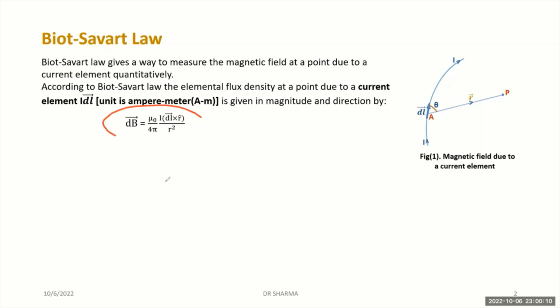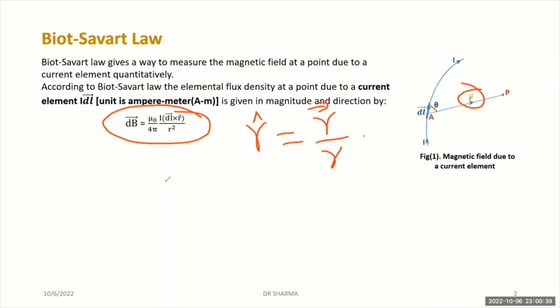The elemental flux density is given by dB vector is equal to mu naught upon 4 pi I dl cross r cap upon r square, where r cap is the unit vector along the vector r, and mathematically it is given by vector r divided by its magnitude.